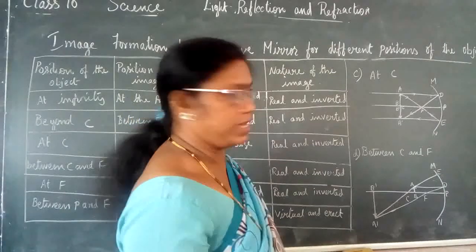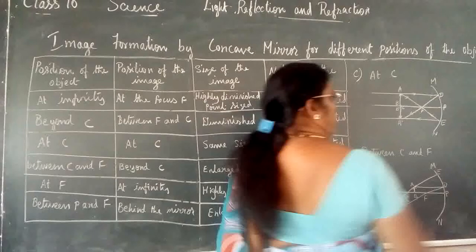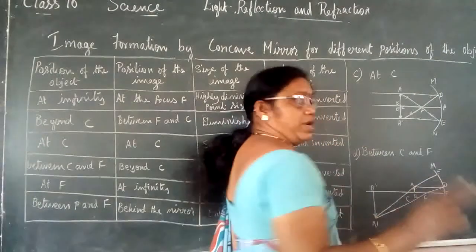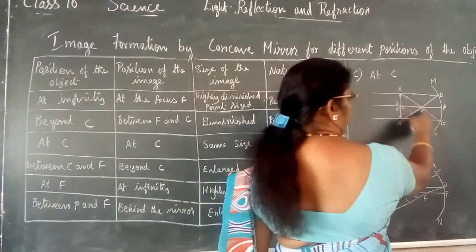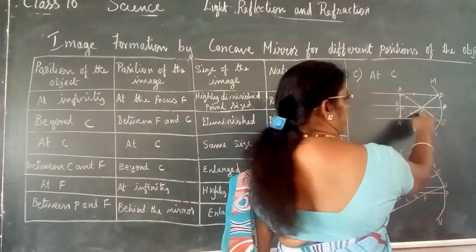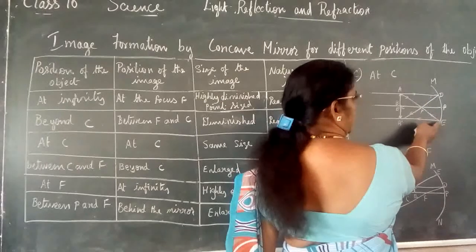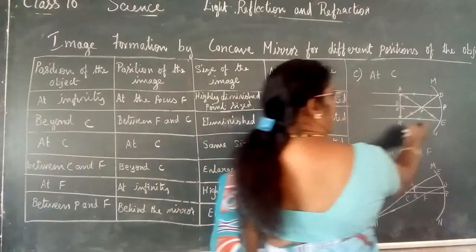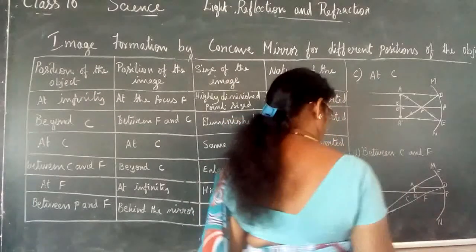That is one of the rays. And the second ray, in this case, we are going to draw according to rule 3, the ray which travels through the principal focus. So this ray passes through the principal focus, and after reflection it travels parallel to the principal axis.